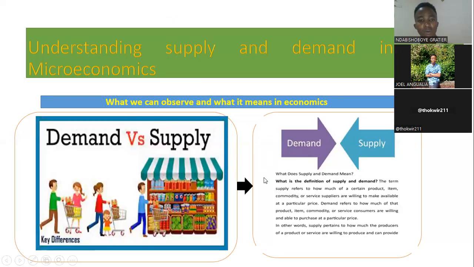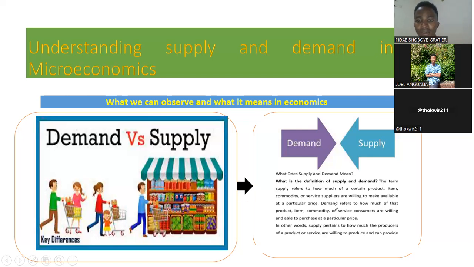In simple words, the term supply refers to how much of a certain product, item, commodity or service suppliers are willing to make available, just like you have seen these goods were made available for sale at a particular price.